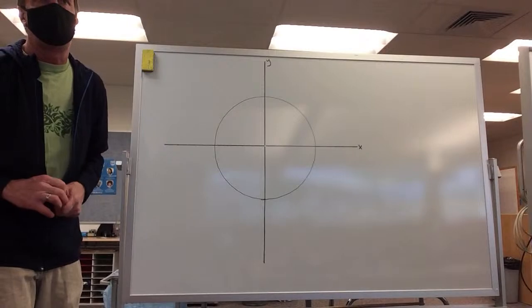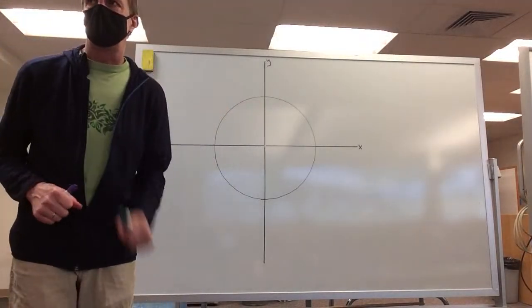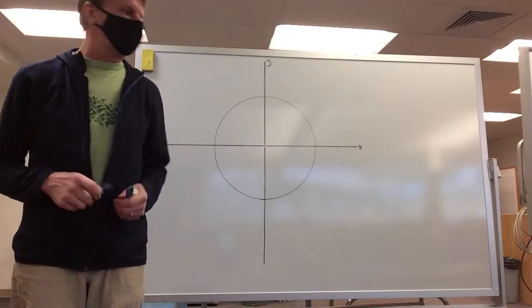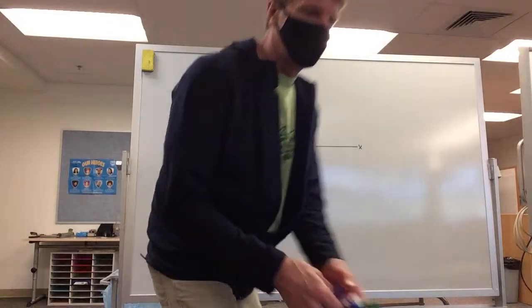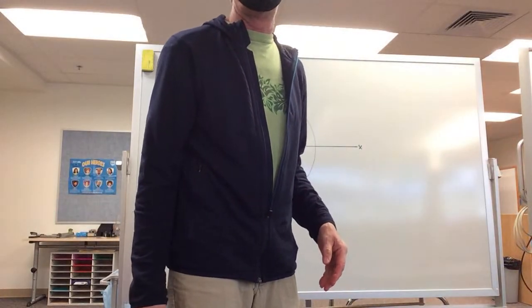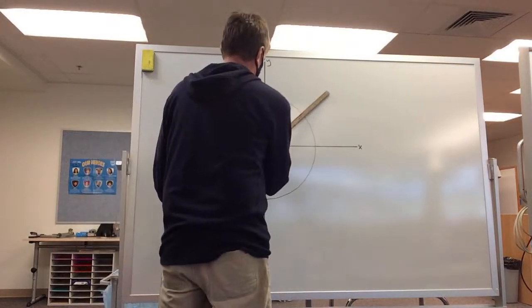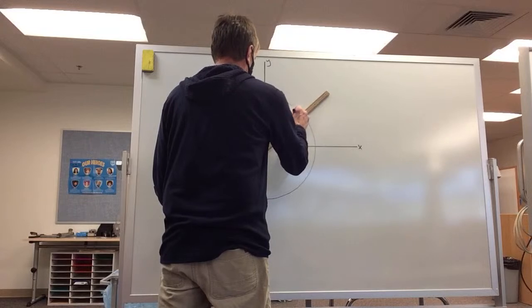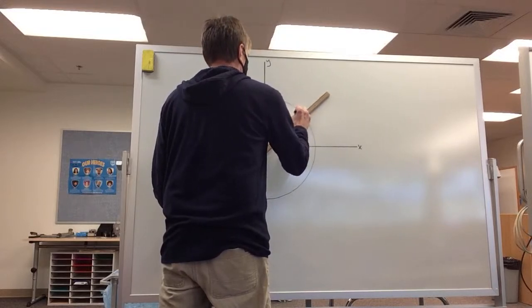So we have a circle. So every radius is the same length. Do you agree? Yes. Sweet. Okay. So what I'm going to do is draw in a radius conveniently located right here.